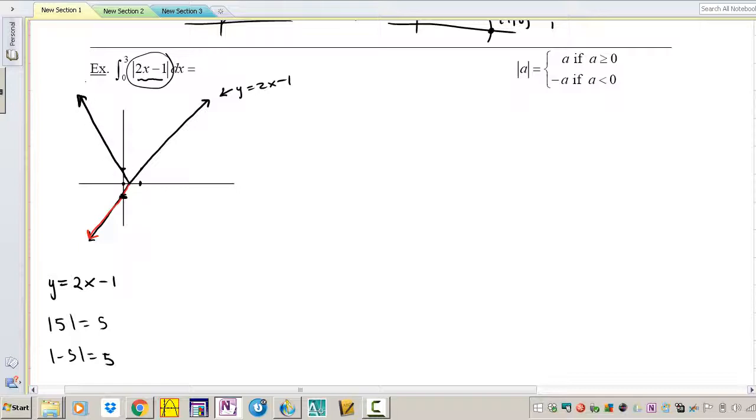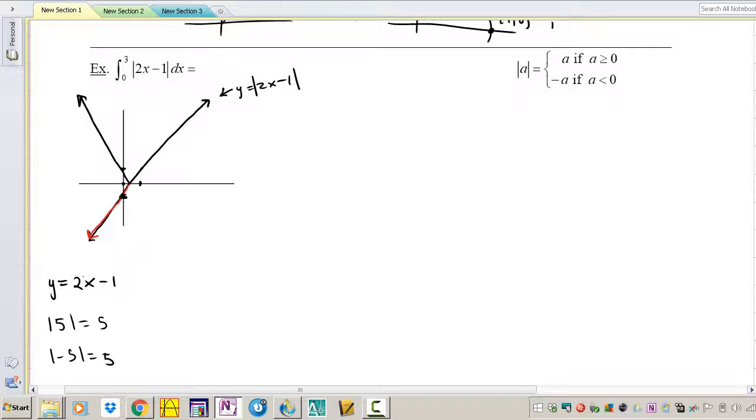Okay, so the absolute value of 2x minus 1 is this V. Notice that this V does not cross the x-axis, does not even go to the negative side. It just stays at 0 or greater than 0. So this red arrow, disregard from now on. We already took care of this negative part of this function.